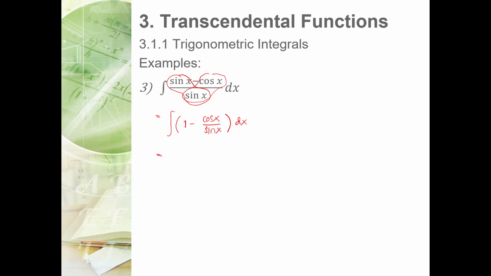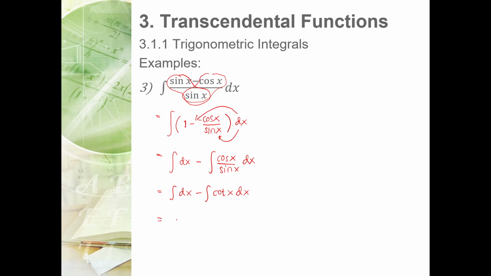So distributing, we have the integral of dx and then minus the integral of cosine x all over sine x dx. So furthermore, we have dx, then minus this one is cotangent x dx.